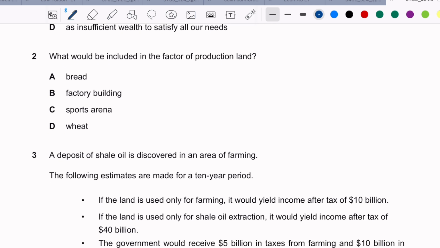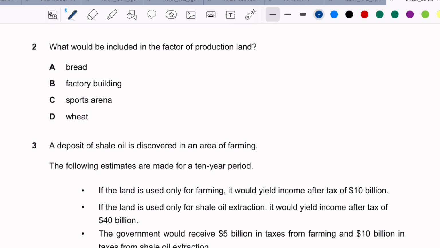Question 2. What would be included in the factor of production, land? So there are in total 4 factors of production: CELL, capital, enterprise, labor, and land. So land is about all the natural resources.